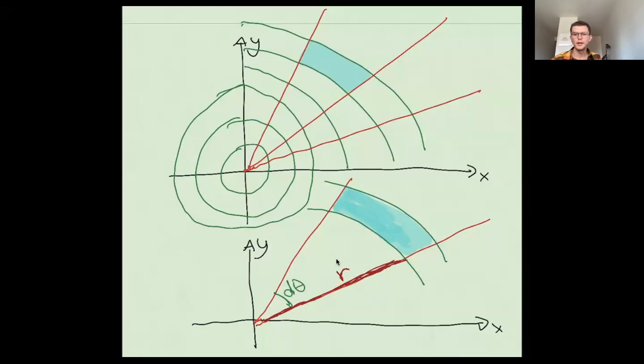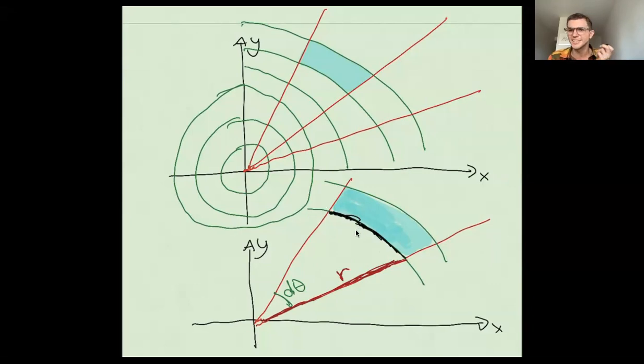Does anyone remember what's the length of a part of the circle, the length of an arc of a circle? You know what I'm trying to say? How much does this measure? Yeah, r times, you're right.